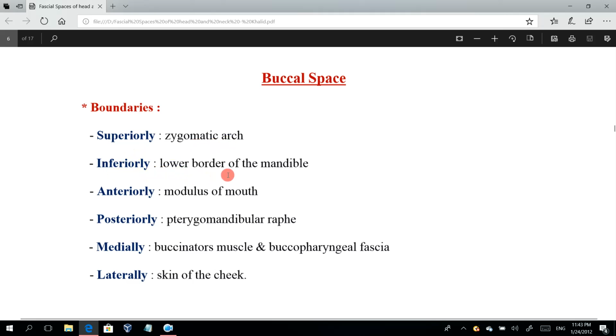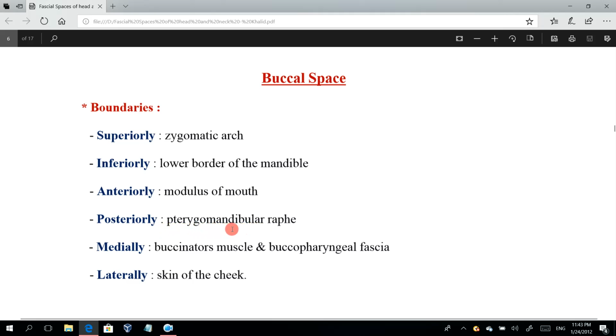Inferiorly, we have the lower border of the mandible. Anteriorly, at the side of the mouth, the modiolus of the mouth. Posteriorly, we have the pterygomandibular raphe. What is the pterygomandibular raphe?